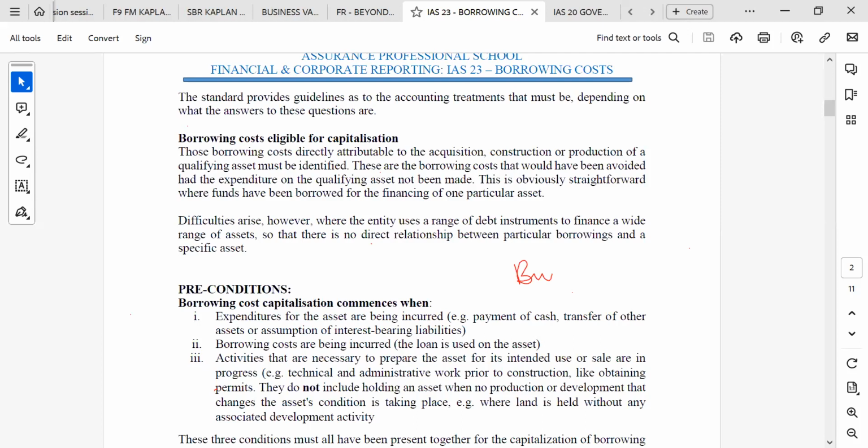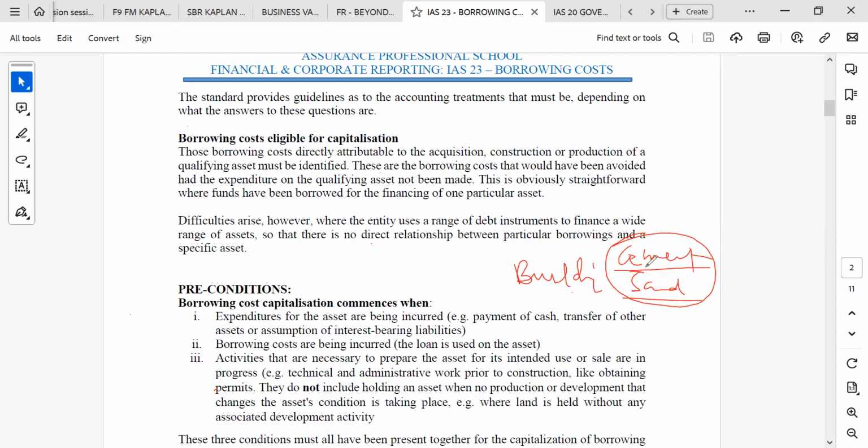Without the sand and cement, we can't start constructing the asset. So maybe we have bought cement, we have bought land. These things are bought towards the construction of the building. So we can say that the expenditure for the asset has taken place because we have bought cement, we have also bought sand, or we have paid the contractors.